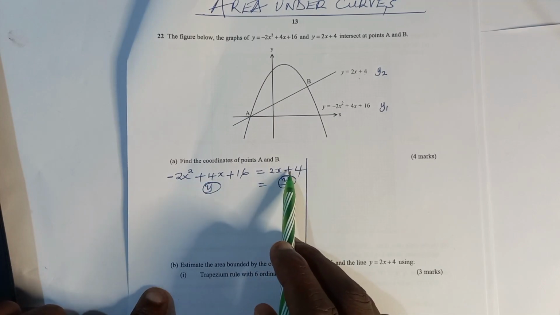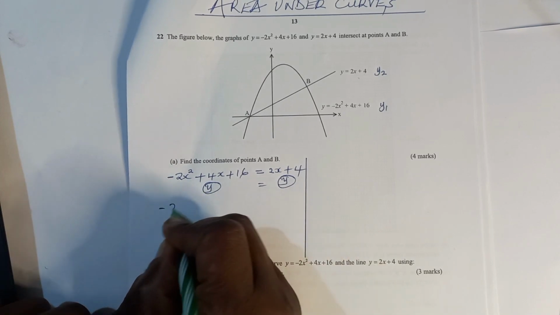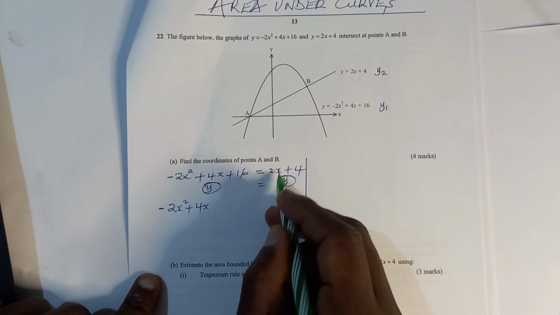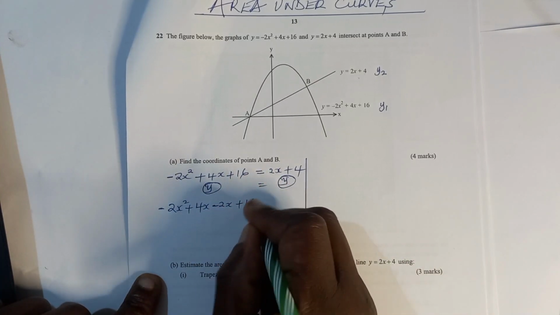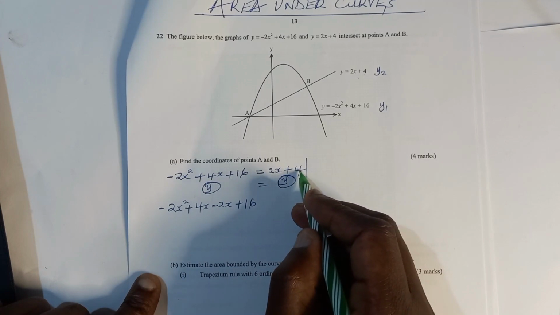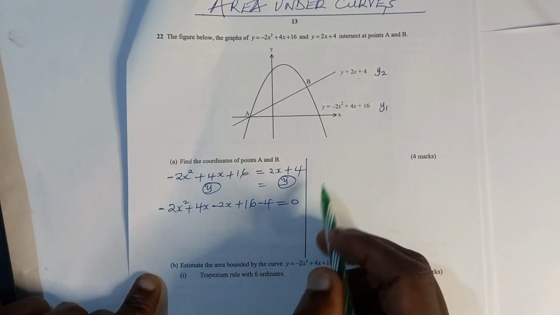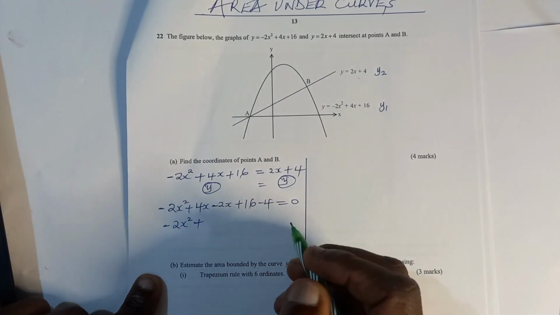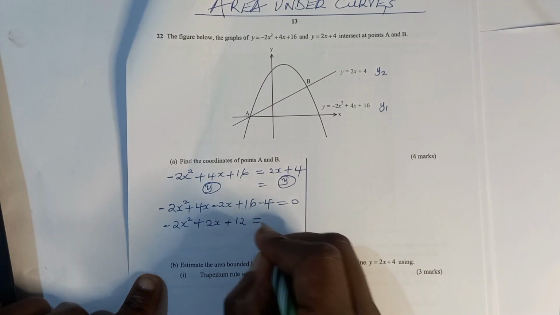So let us solve this equation. I'm going to bring everything from the right hand side to the left hand side. I'll have negative 2x squared plus 4x minus 2x plus 16 minus 4 equals 0. Working this out, you'll get negative 2x squared plus 2x plus 12 equals 0.